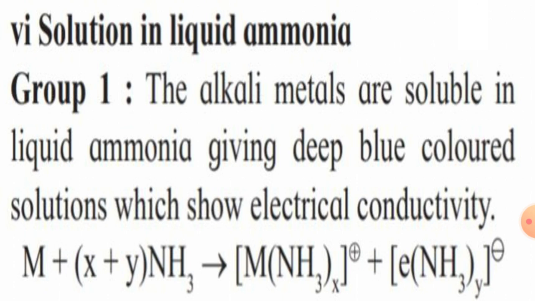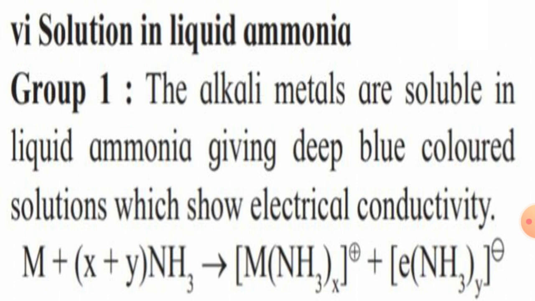Now M is any metal of group 1. When it is treated with liquid ammonia, NH3, it gets converted into M(NH3). Your metal will liberate an electron. That electron will move towards the NH3. X or Y means it will be a number, depending on how much amount we have taken.